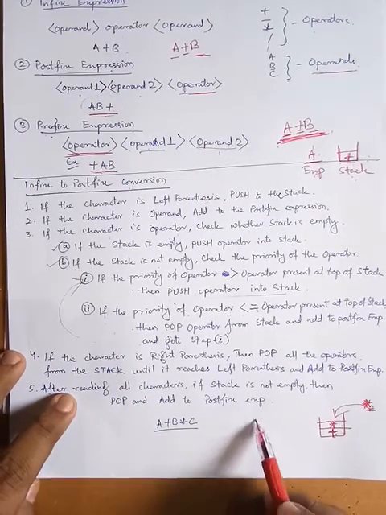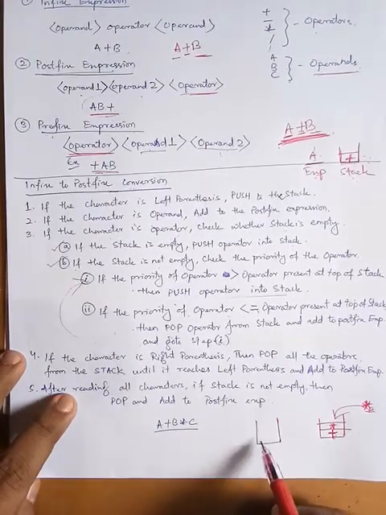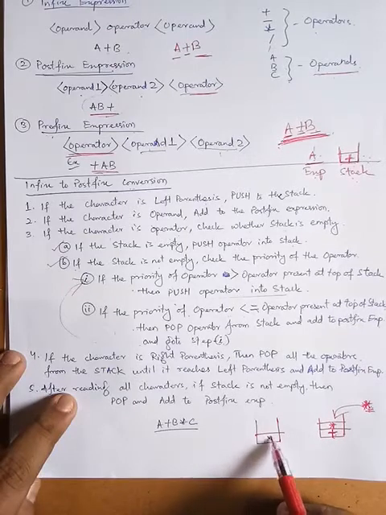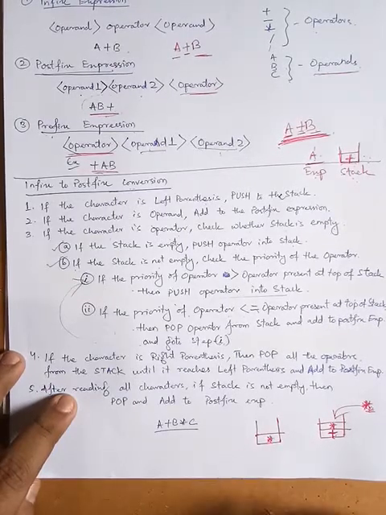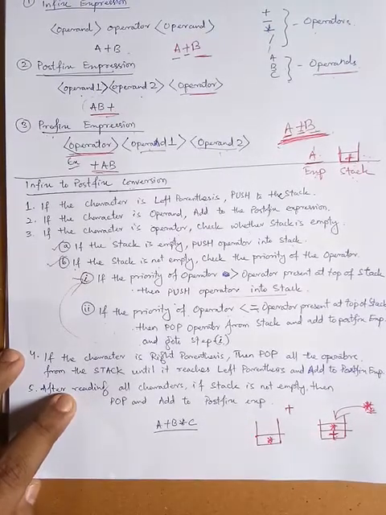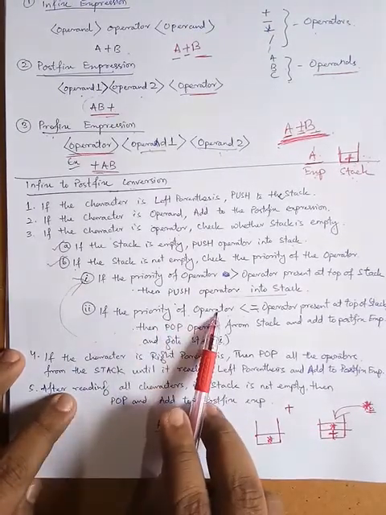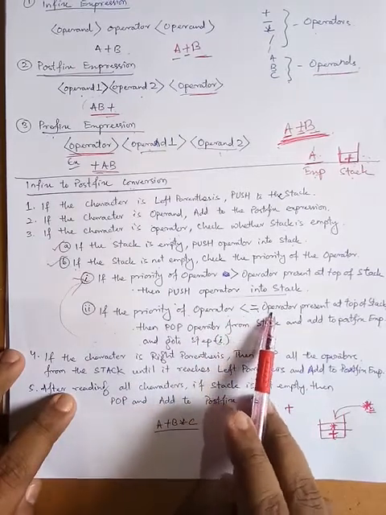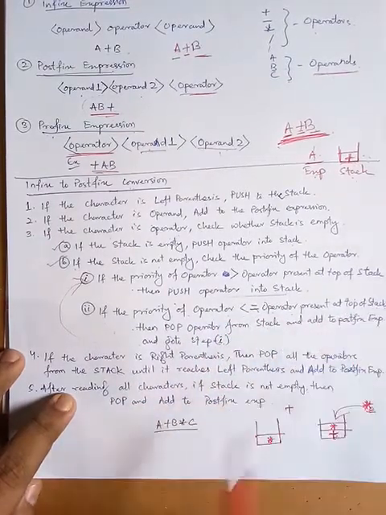Suppose in the stack there is a star, a multiplication symbol, and the new operator is plus. Then you check if the priority of the operator is less than or equal to the operator present at the top of the stack.